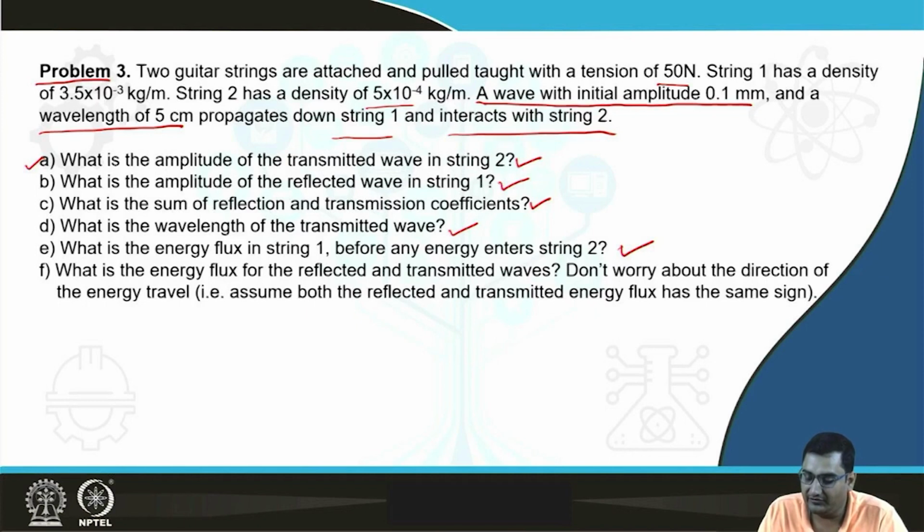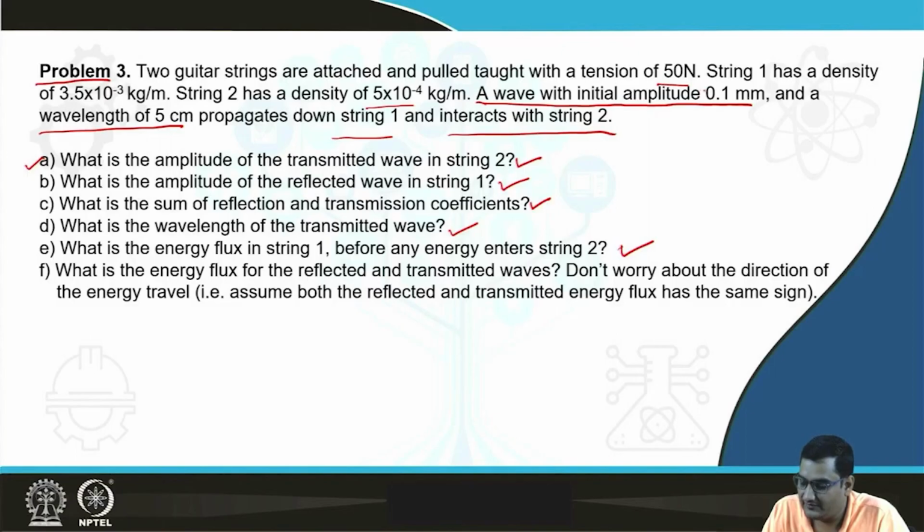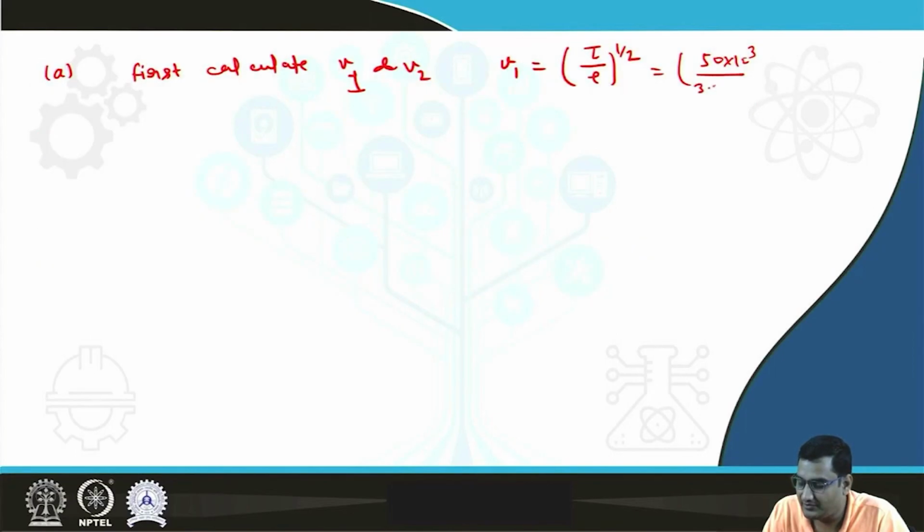When you incorporate for V1, that means 50 Newton divided by rho, that is 3.5 into 10 to the power minus 3. So when you solve this, you will get 119.5 meter per second.